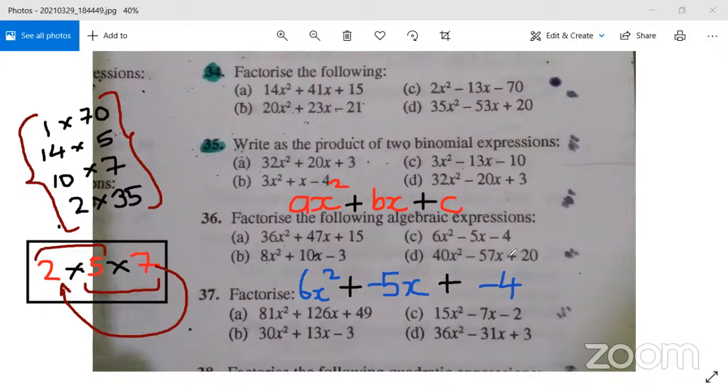If you look at it like this, now it makes a lot more sense, because it's almost as if you're making a summation of a positive 6x squared, a negative 5x, and a negative 4.